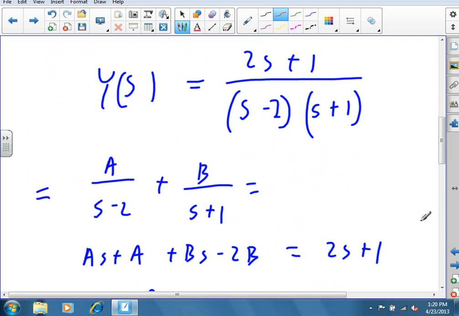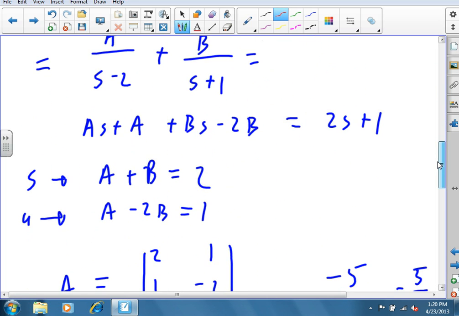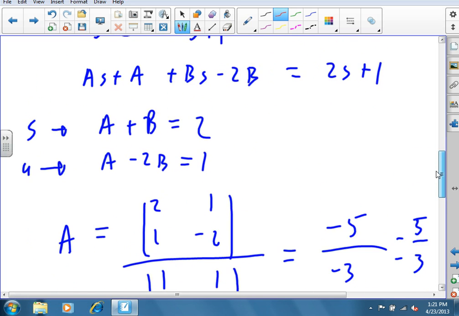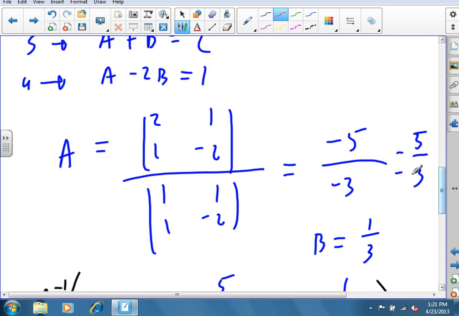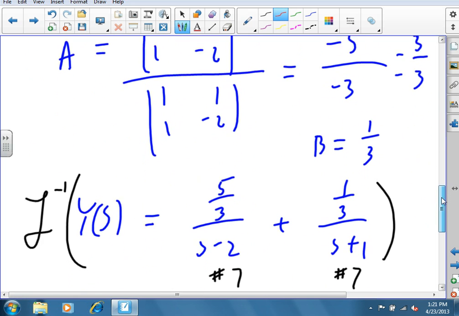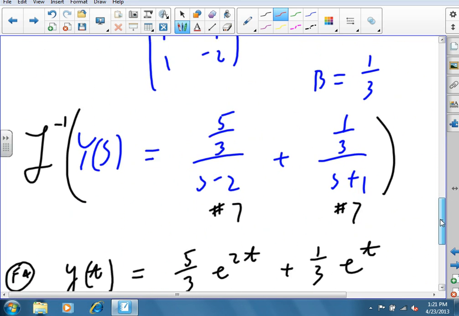Blah, blah, blah, that's correct. Same problem there. A plus B has to be 2. A minus 2B has to be 1. 2, 1, 1 minus 2. Minus 4 minus 5. Minus 2 minus 3 for a 5 over 3. If this guy's 5 over 3, that has to be 1 over 3 in order to be that. All right, okay, that's fine, that's fine, that's fine.